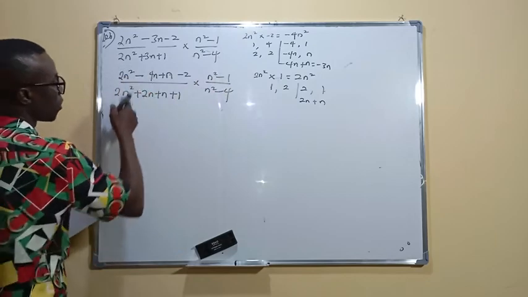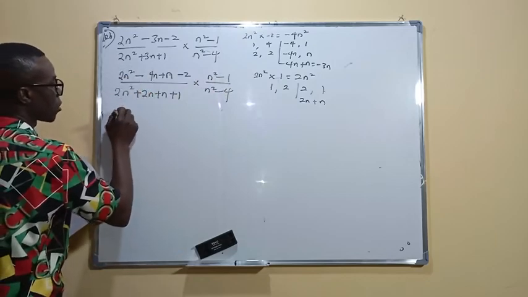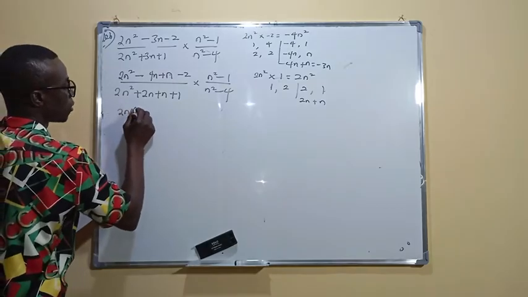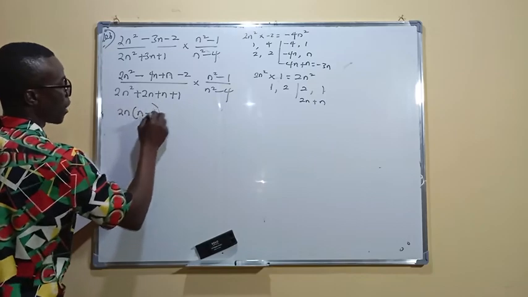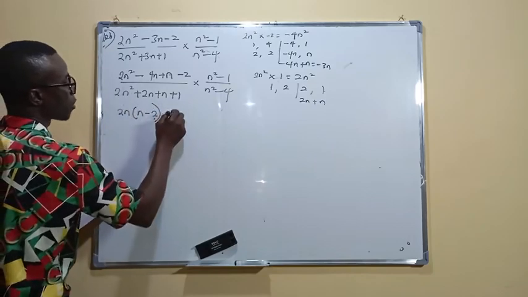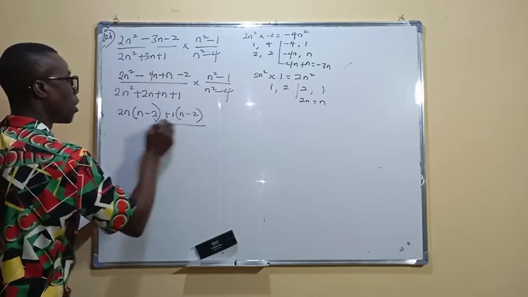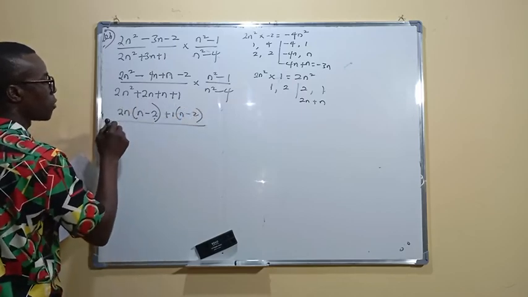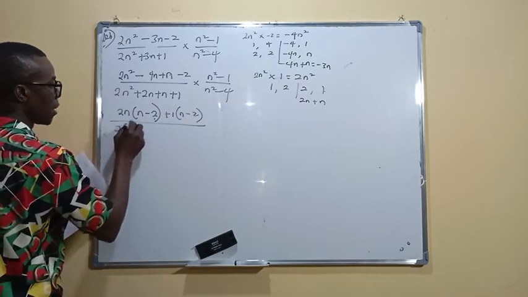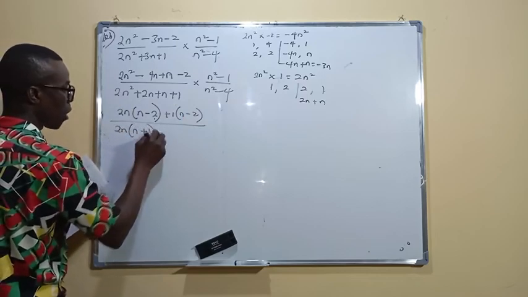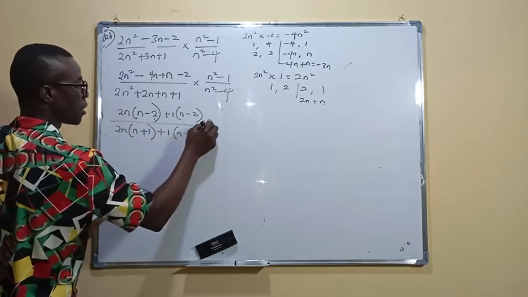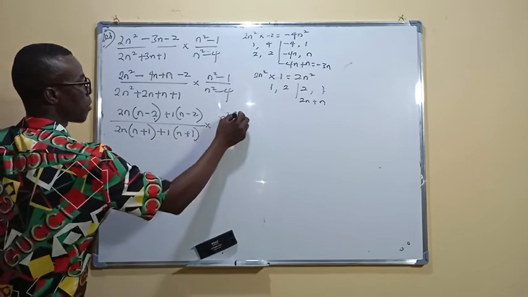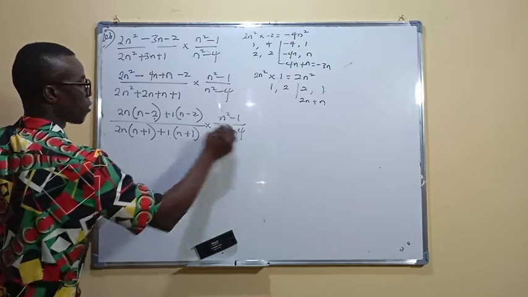Now I'm going to factorize this. That's 2n into n minus 2 for the first part, and then plus 1 into n minus 2 all over. For this one now, 2n into n plus 1, then plus 1 into n plus 1, and this will be times n squared minus 1 over n squared minus 4.